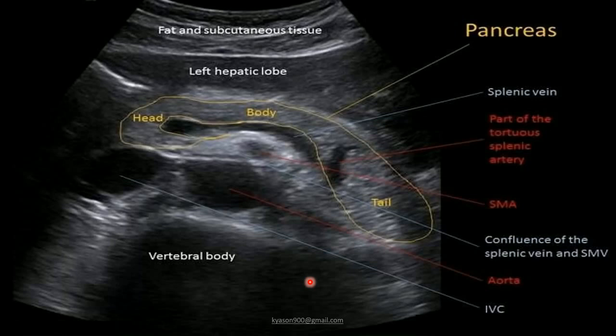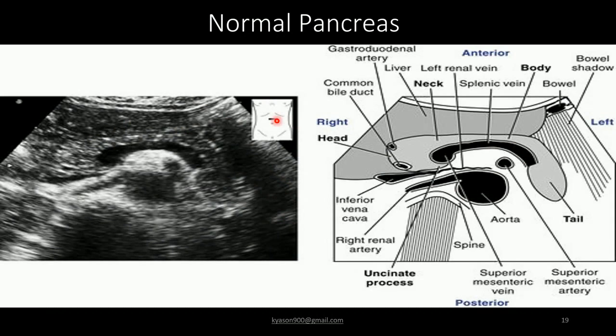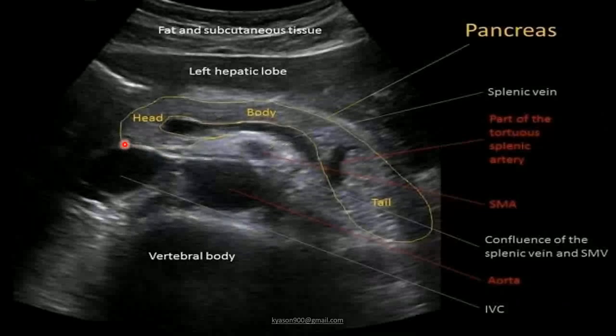Okay, so this is another sonogram showing us the pancreas. If you position your probe in a transverse manner, as you can see here, the same orientation will be the same orientation here. Towards the right side, you have the head, the neck around here, the body, and the tail.